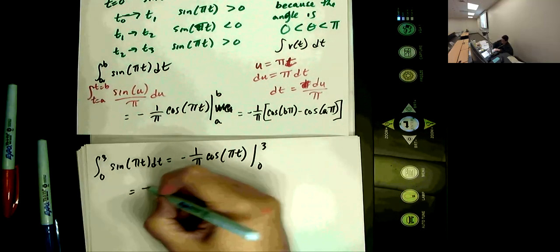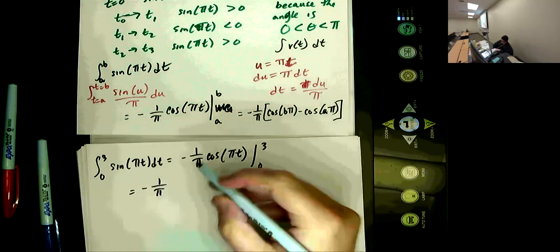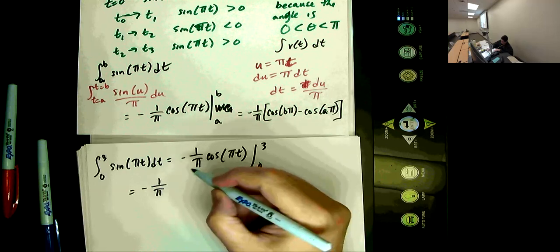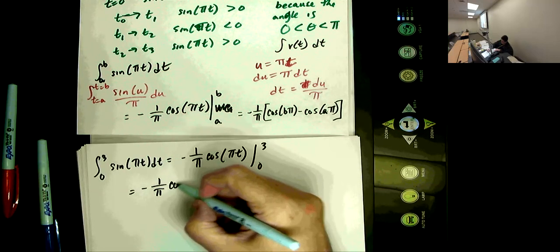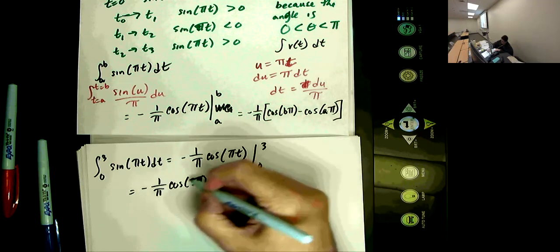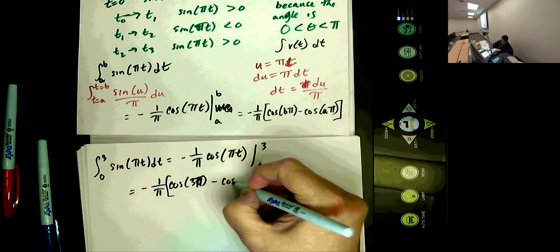And we get negative 1 over pi cosine of 3 pi minus cosine of 0.